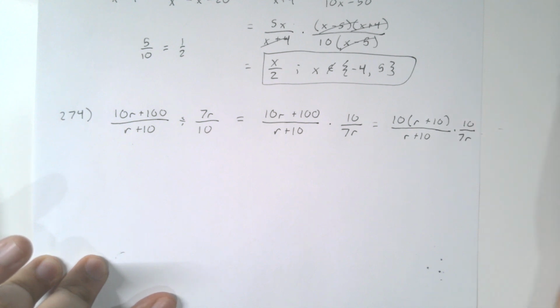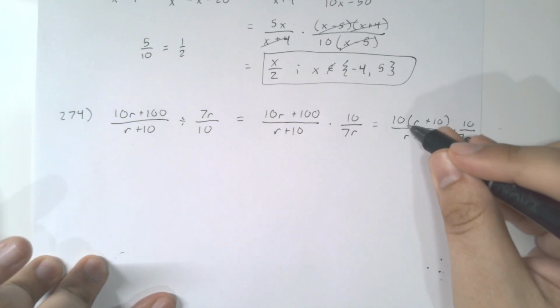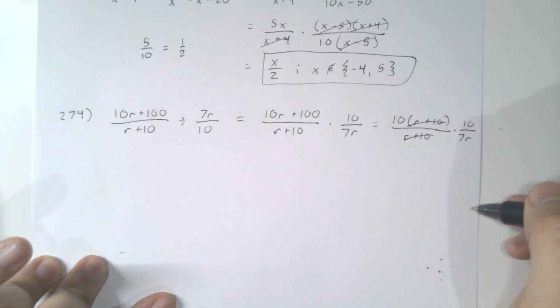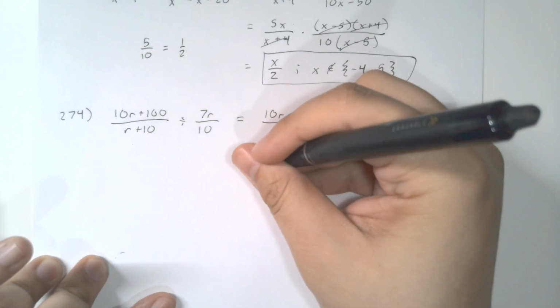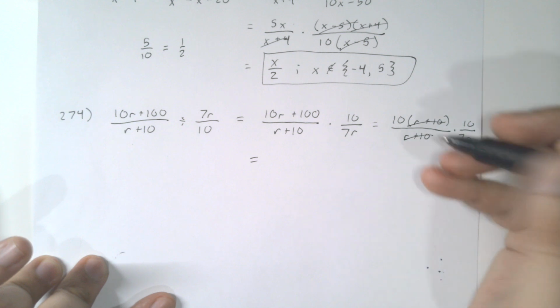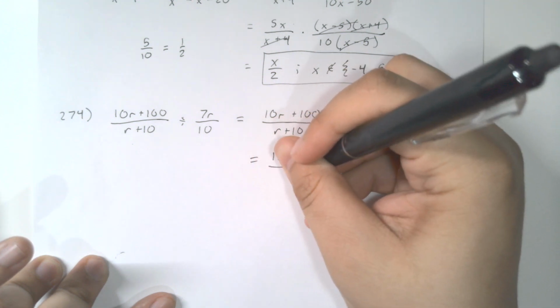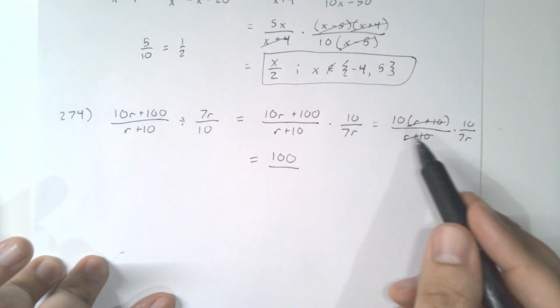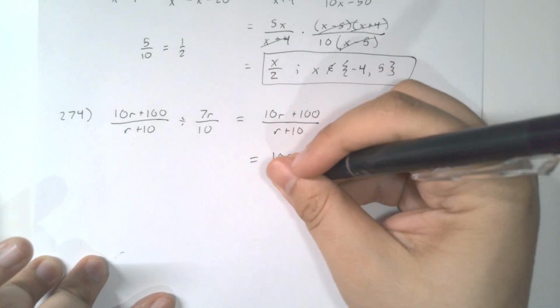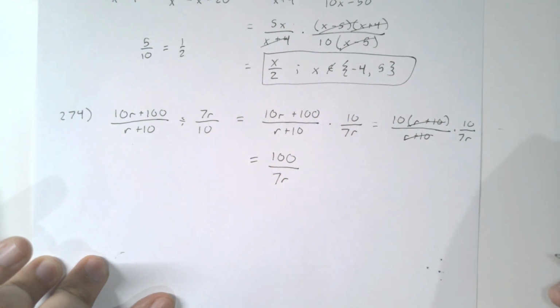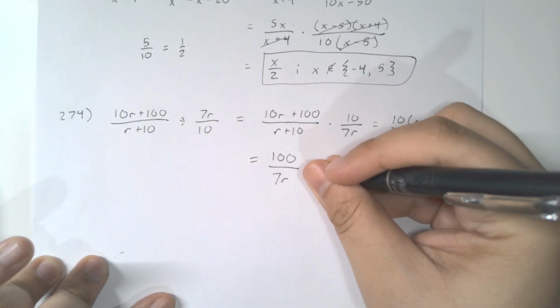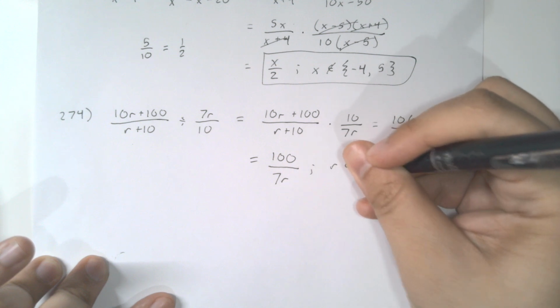7r. And so the r plus 10s cancel, and all we have left over is 10 times 10, which is 100, and then all over 7r. And what are our excluded values?